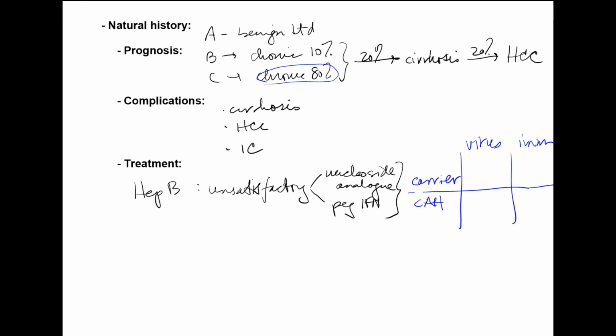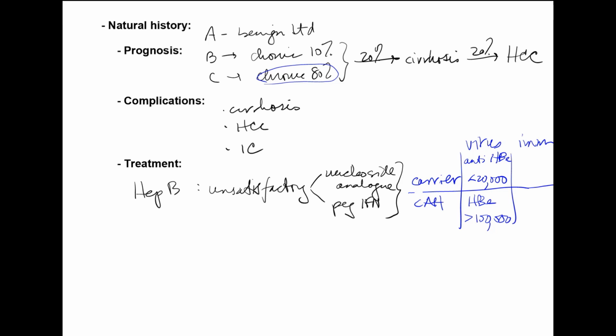Inactive virus is associated with the presence of an anti-HBe antibody or low virus particle counts. Active disease has hepatitis E antigen present and high viral counts.